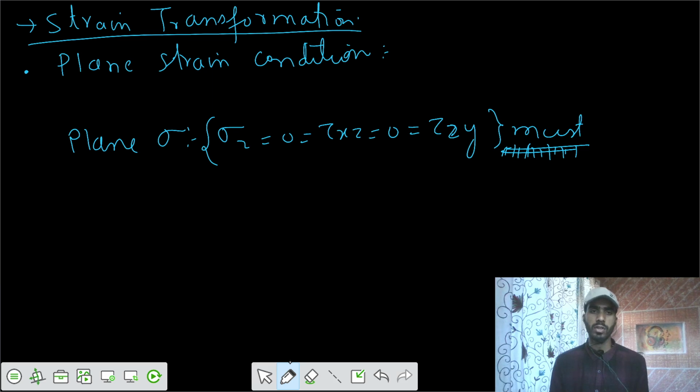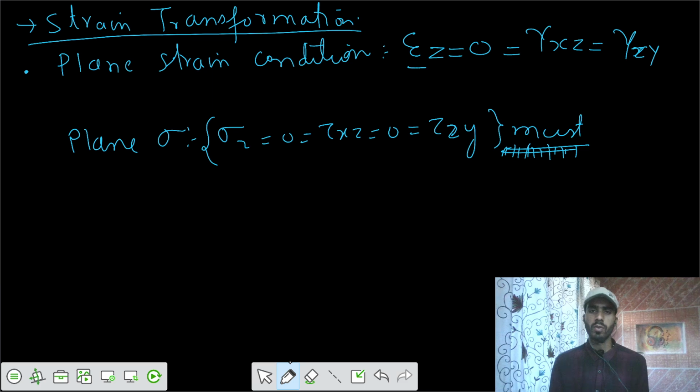Similarly, for the plane strain condition, we say your strain in z should be 0. The strain in the z direction should be 0, and the shear strain corresponding to plane xz and the shear strain corresponding to plane zy are also 0.